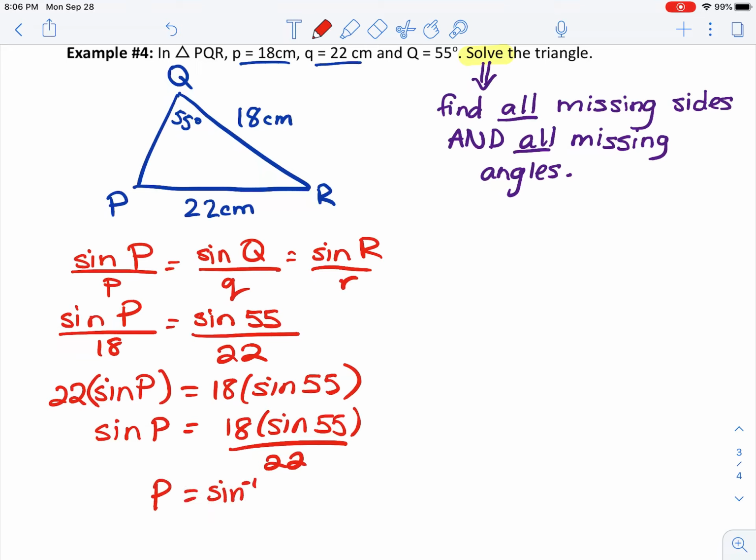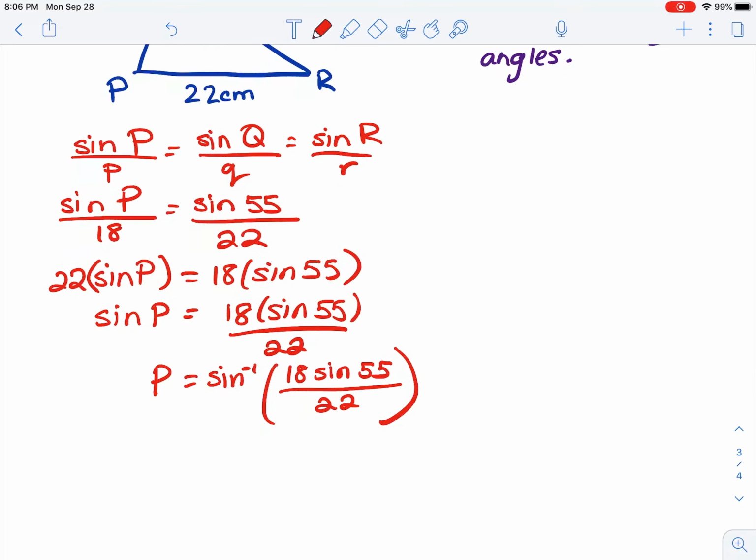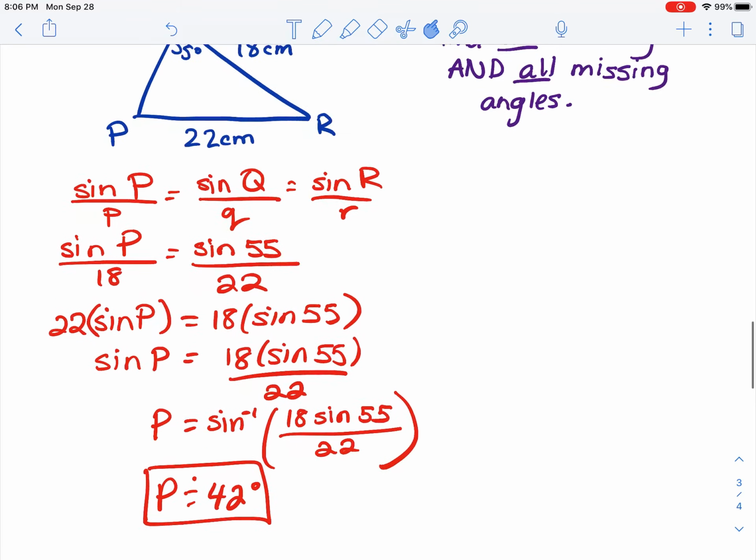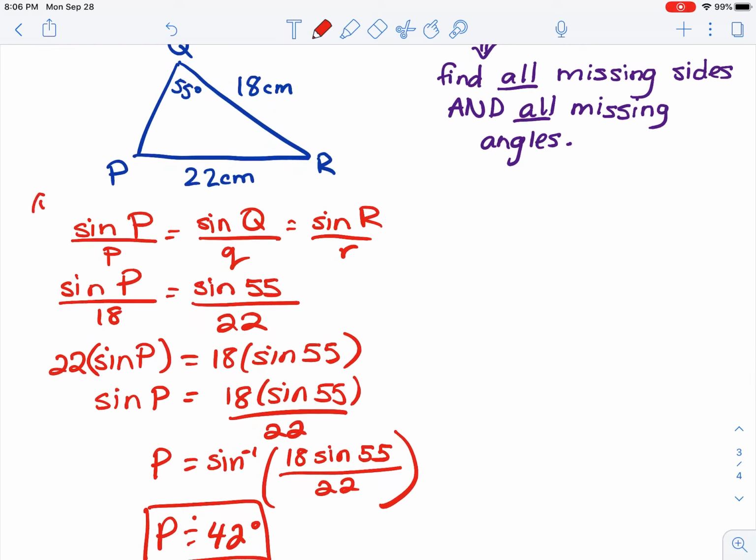And I'm going to keep that in my calculator and then I'm going to do the inverse. Writing too big here. Second function, sine, 42 degrees. There's P. I'm not done, so I'm just going to call it step 1.